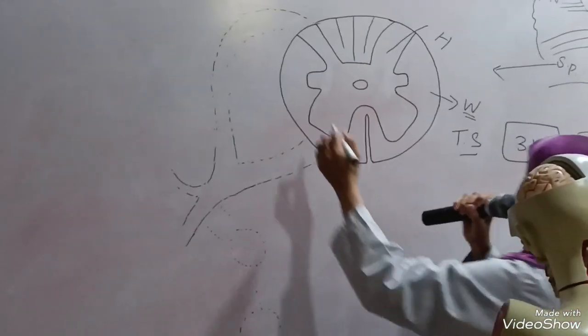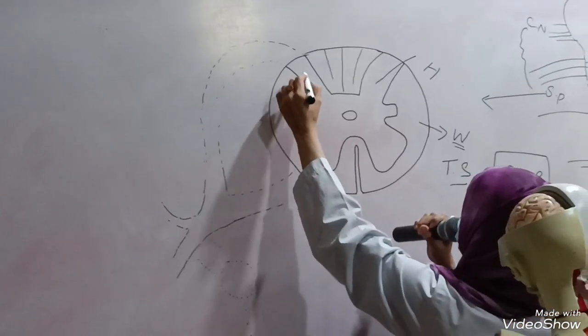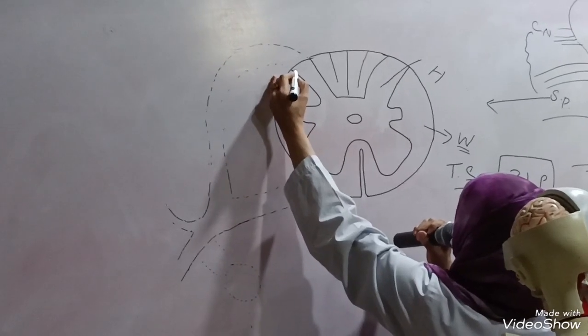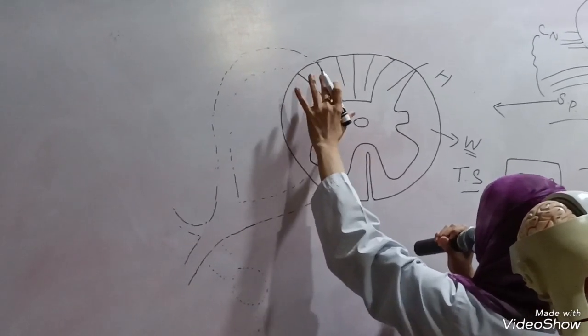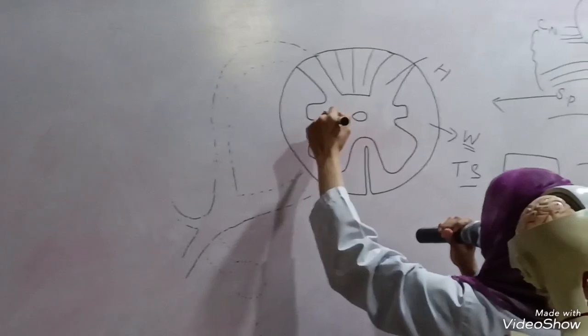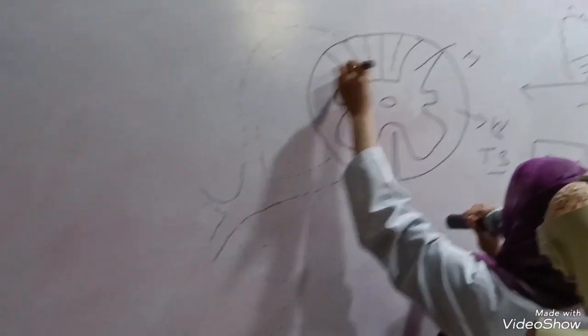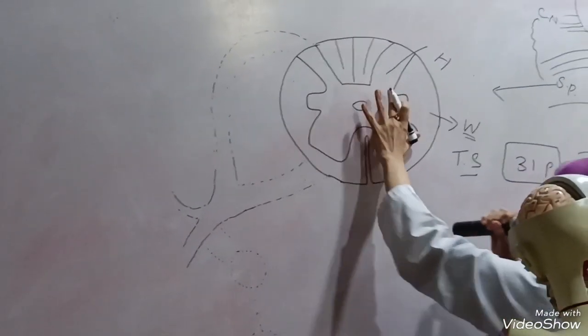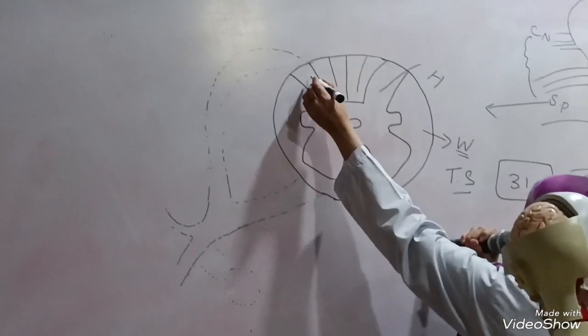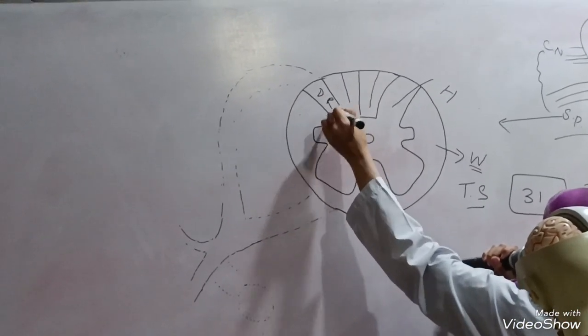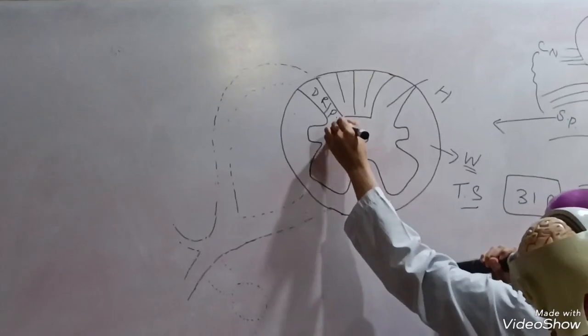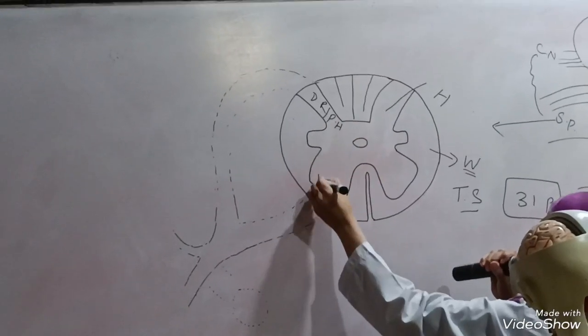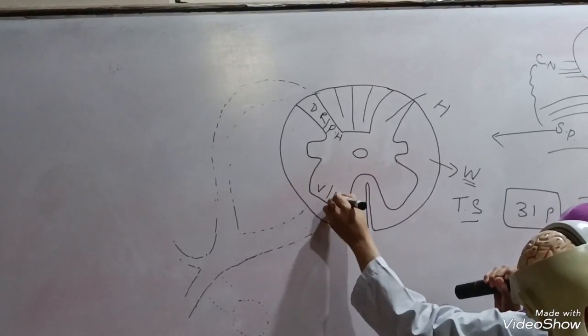So your spinal nerve starts from the dorsal column of this cut section of the spinal cord. It has white matter and this is grey matter. So let's first discuss the grey matter. Grey matter has the dorsal horn, or you call it the posterior horn, right? And this one is the ventral horn or anterior horn.